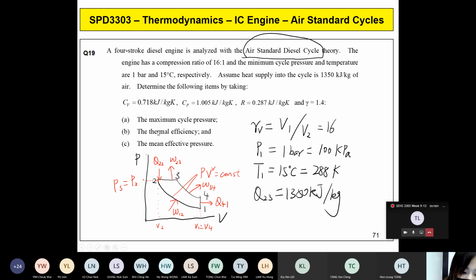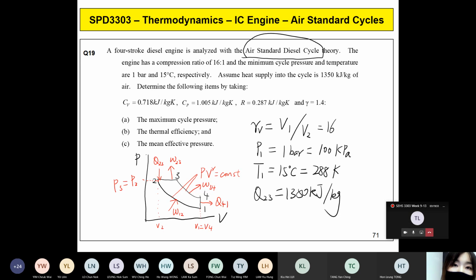First, the maximum cycle pressure should be P2 or P3 because we have a constant pressure process. So here, I will suggest you to solve this kind of problem step by step, from point 1 to point 2, and point 2 to point 3, from point 3 to point 4, and then go back to point 1.